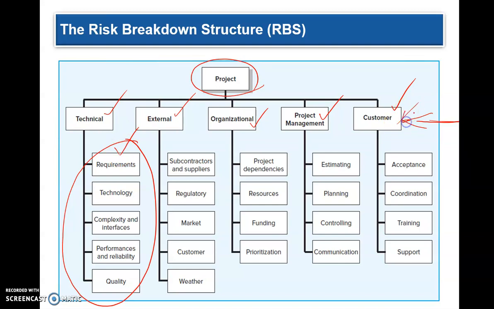With the customer, what are the risks that you think the customer will have when you go for the acceptance of your project? When you're coordinating with the customer, what are the risks that you can see? What kind of risks can you anticipate in training?